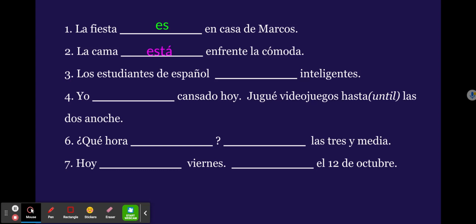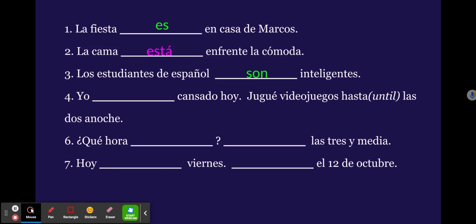La cama está enfrente de la cómoda. The bed is in front of the dresser. That is location. That's why we chose a form of estar. Los estudiantes de español son inteligentes.